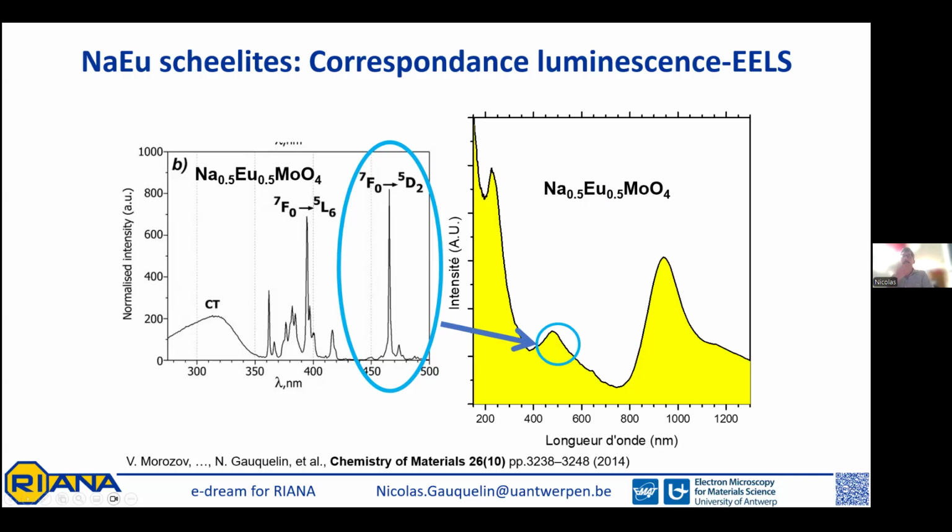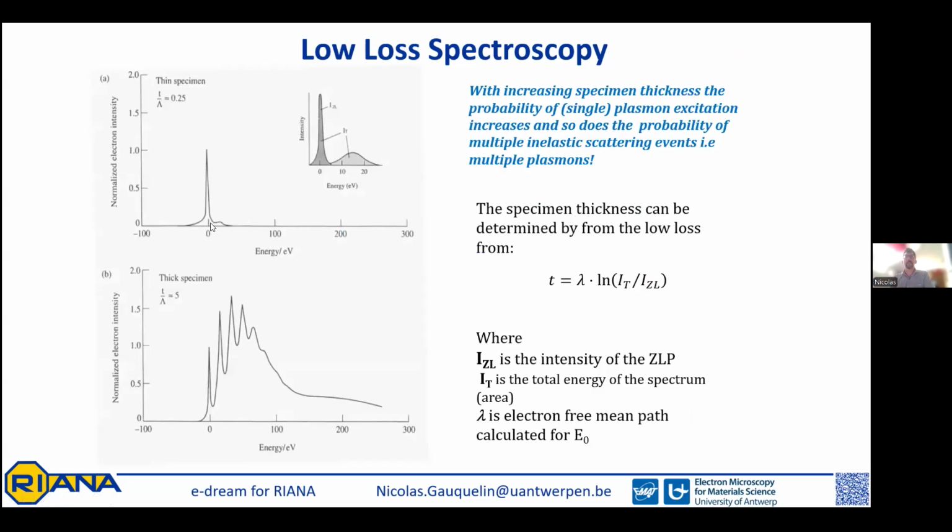So what can we also see in low-loss spectroscopy? Well, for a thin specimen, you have only one plasmon. For a thick specimen, you can have multiple plasmons. That's due to the fact that you increase the probability of plasmon excitation and multiple inelastic scattering events, which means multiple plasmons.